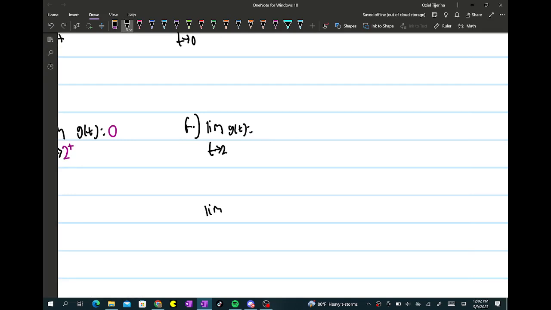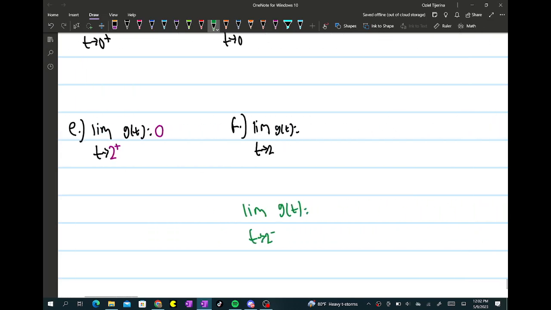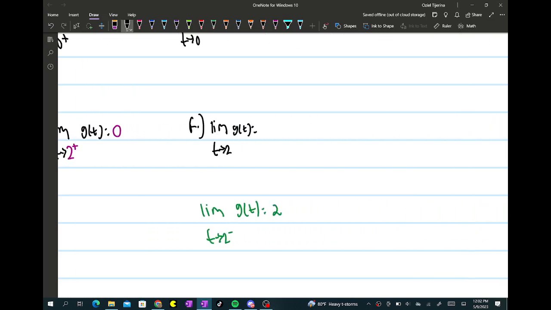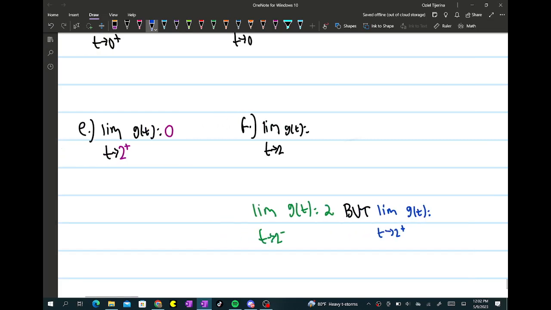The limit as t approaches 2 from the left of g of t was equal to 2, but the limit as t approaches 2 from the right of g of t was actually equal to 0.